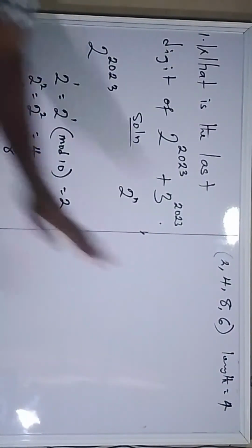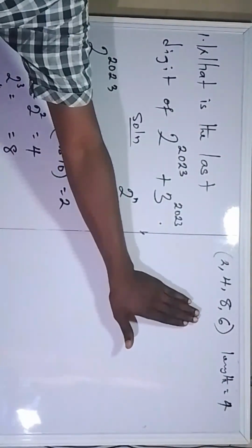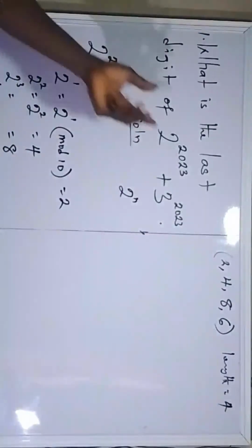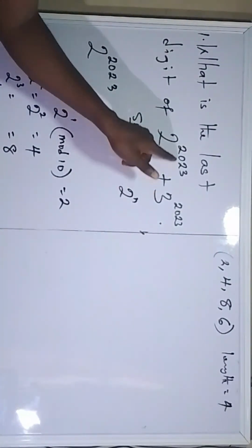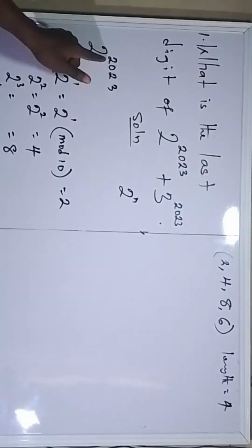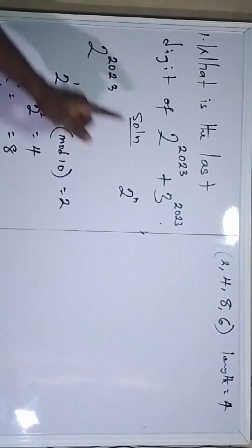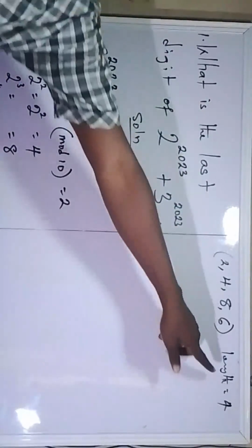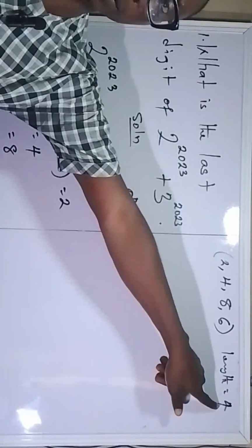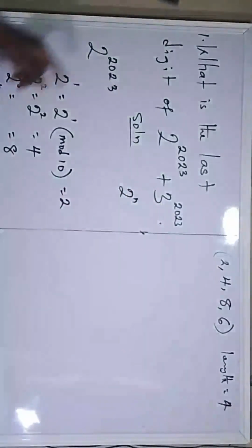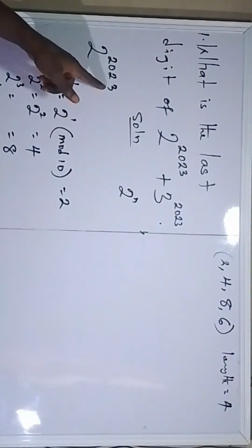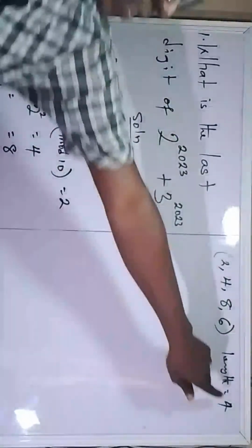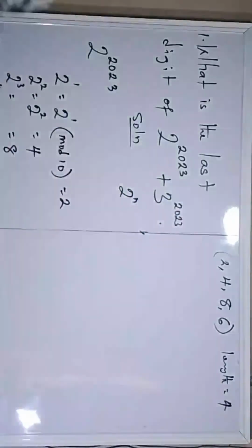So after doing this, the next thing is to write the power here as a modulo of the length of what we have here. So I'm going to write 2023 in modulo of this length, in modulo 4. So that's the next thing we're going to do.